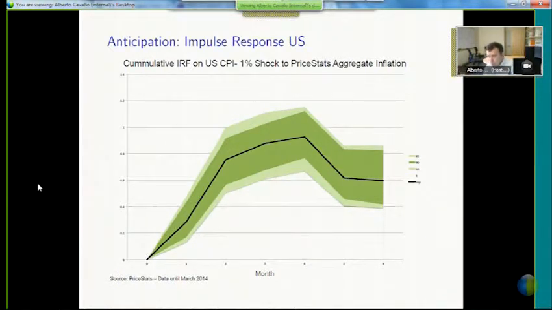And what you can see here is that the peak takes place after 4 months. This means that the impact is not solely a matter of publishing the data beforehand. The data takes 4 months to be expressed in official data, and we believe that that is because online prices react differently.